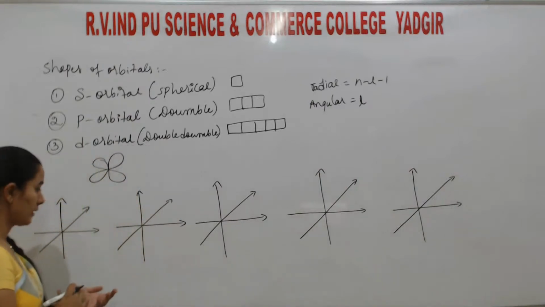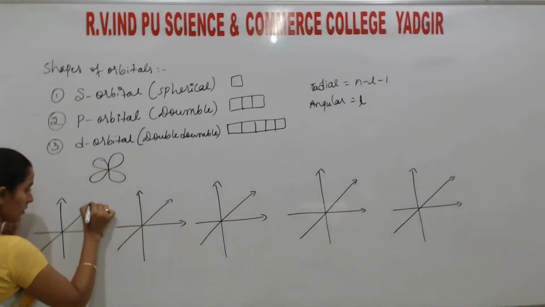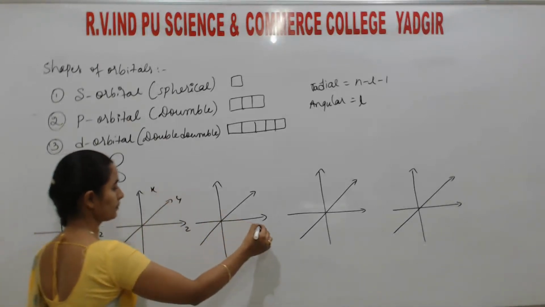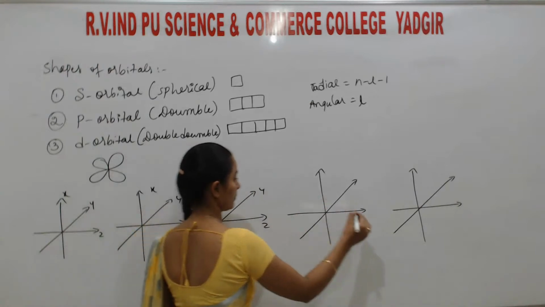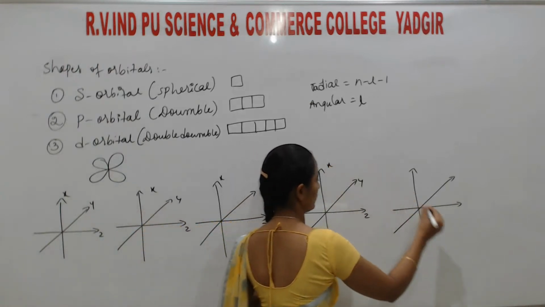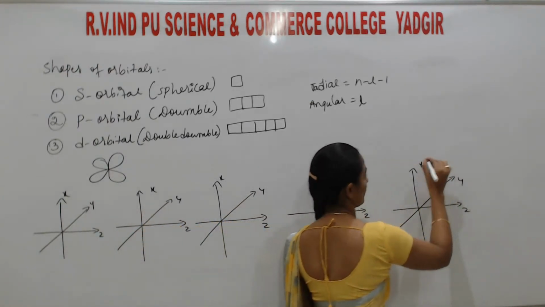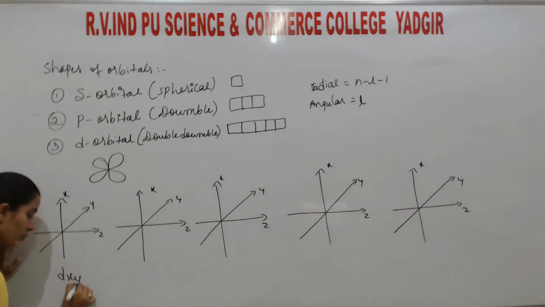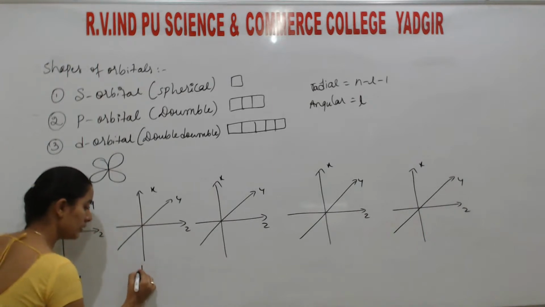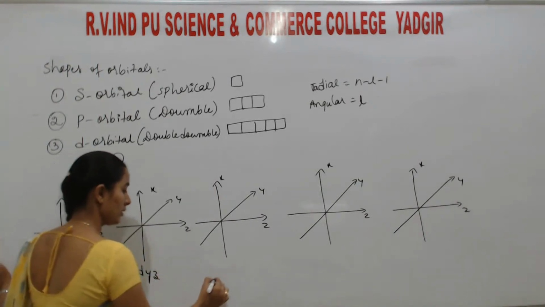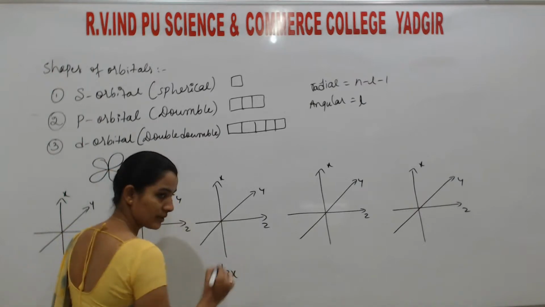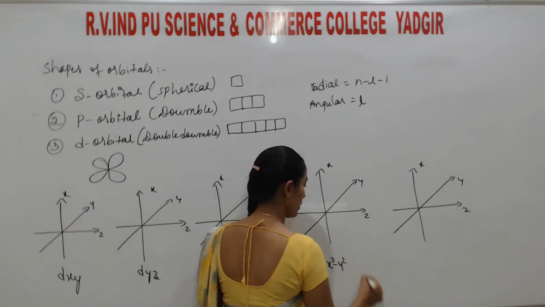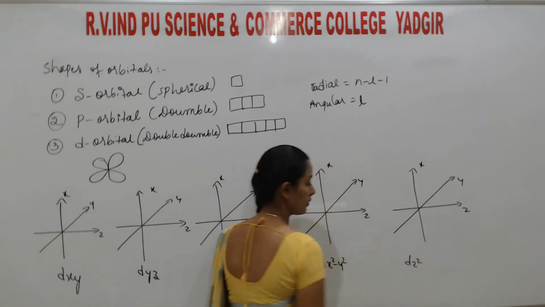Okay, listen. So this is z, y, x. Okay, here. So students, this is dxy, dyz, dzx, dx square minus y square, and dz square.